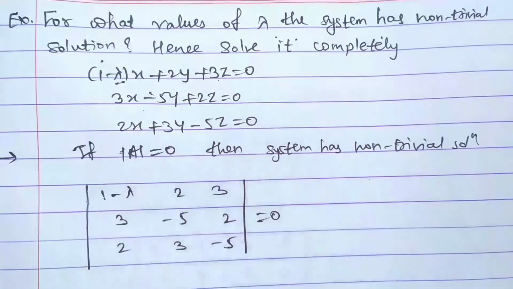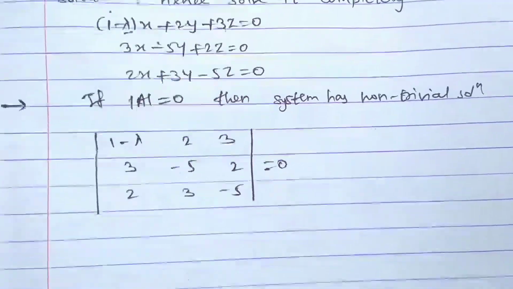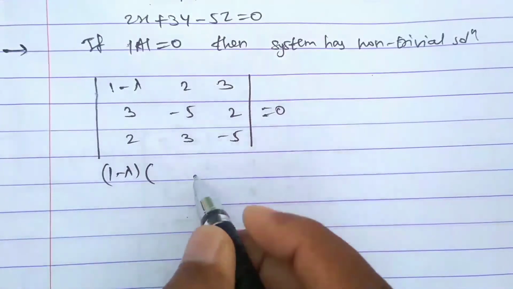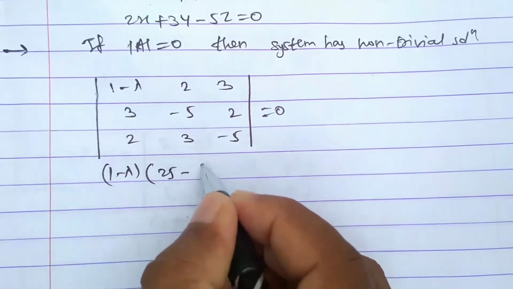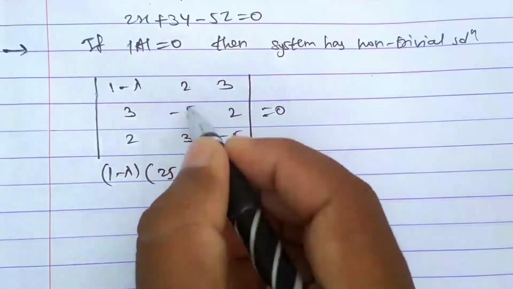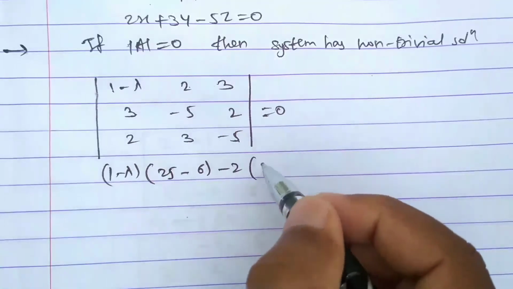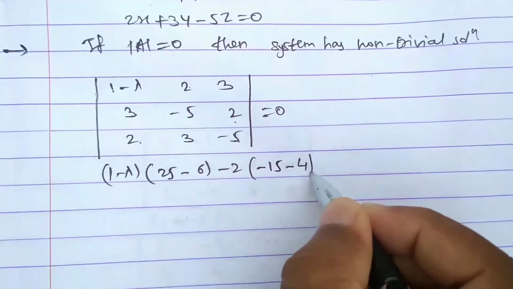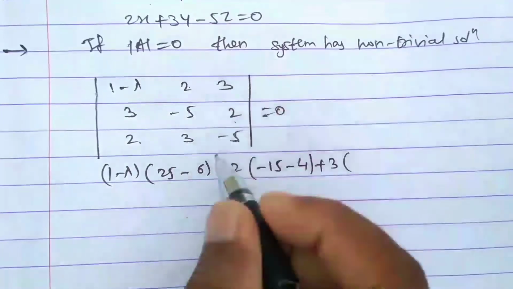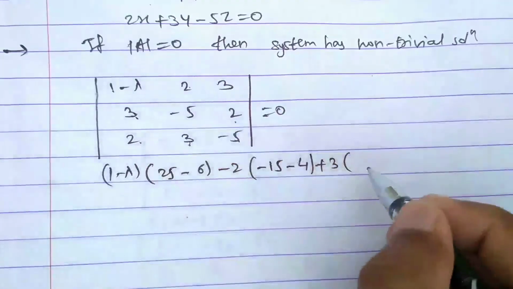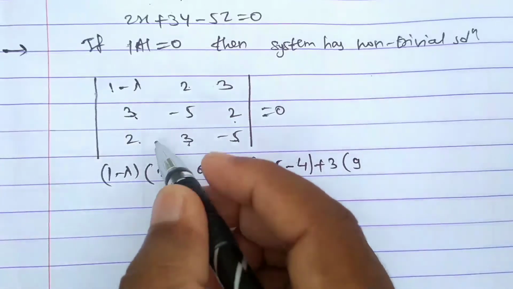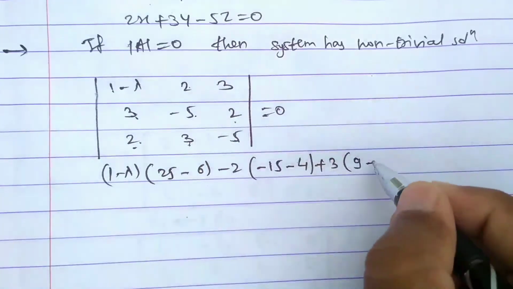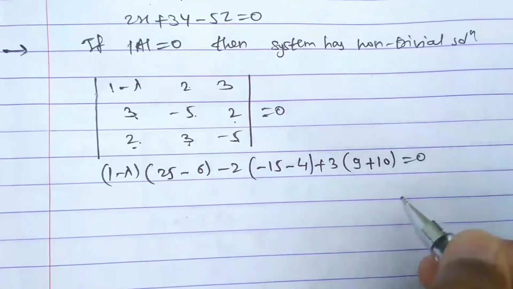It is equal to 0. Now finding this determinant: 1 minus lambda into minus 5 times minus 5, that is 25, minus 6, minus 2 into 3 times minus 5, it is minus 15, minus 2 into 2, it is 4, plus 3 into the multiplication of 2 times 3, that is 9, minus 2 times minus 5, that is minus 10, so minus minus plus 10, equals 0.